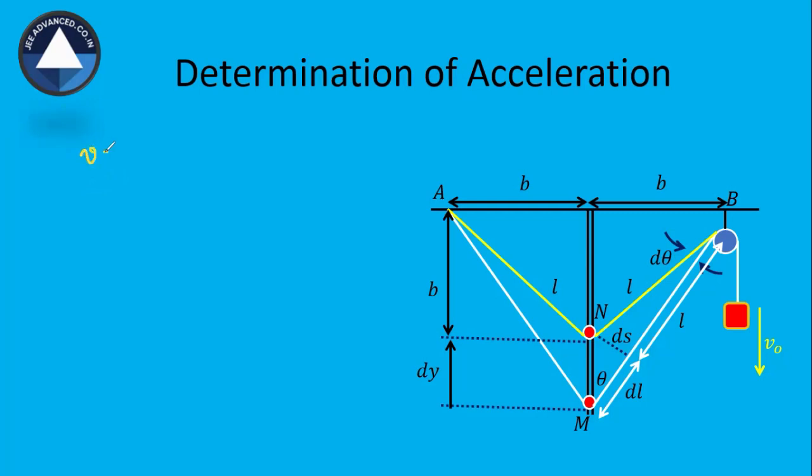We have found the relation v is equal to v naught upon 2 cos theta, and 1 upon cos theta you know is equal to sec theta. So this can be written as v naught upon 2 sec theta. Okay, now we are going to use the kinematical relation that acceleration is dv upon dt, isn't it? So we are going to differentiate our velocity with respect to time, and velocity is v naught upon 2 sec theta.